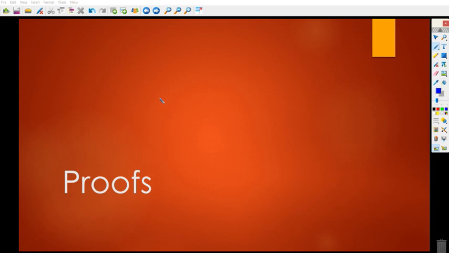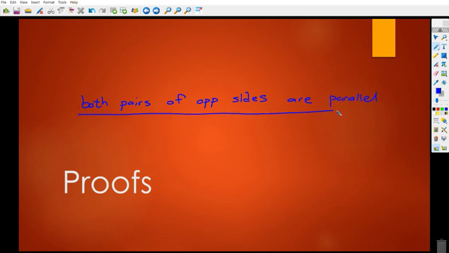The definition of a parallelogram is that both pairs of opposite sides are parallel. That is what we're going to be using for these proofs. That's all I know about these parallelograms. I only know that the opposite sides are parallel. So let's jump into it.